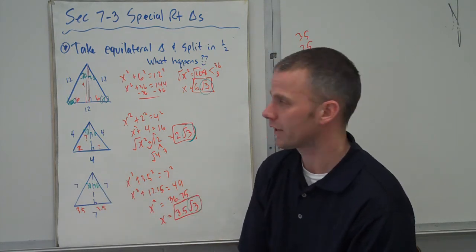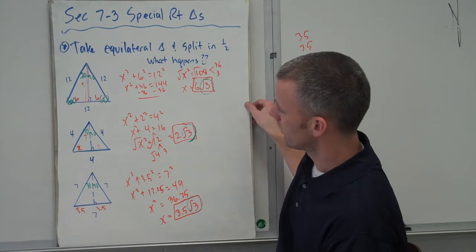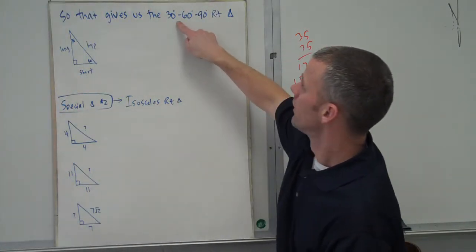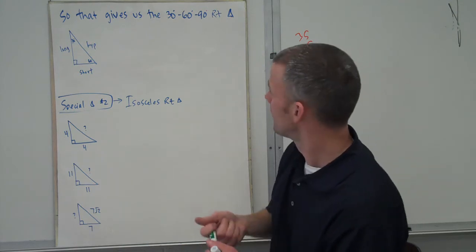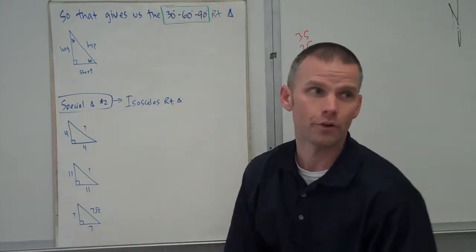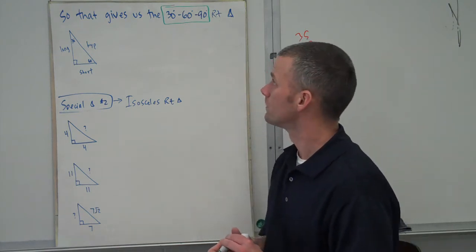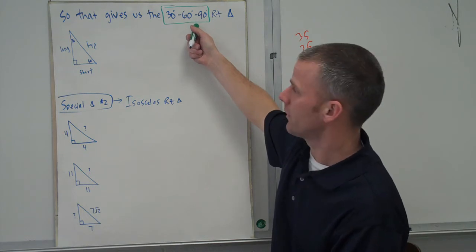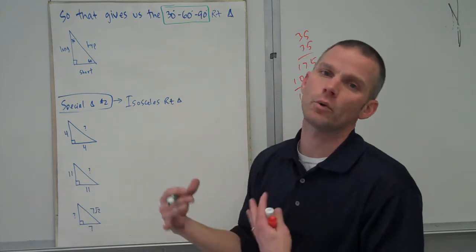We've created two right triangles that we would call the 30, 60, 90 right triangle. 30, 60, 90 right triangles, they're pretty special. They follow a pattern.